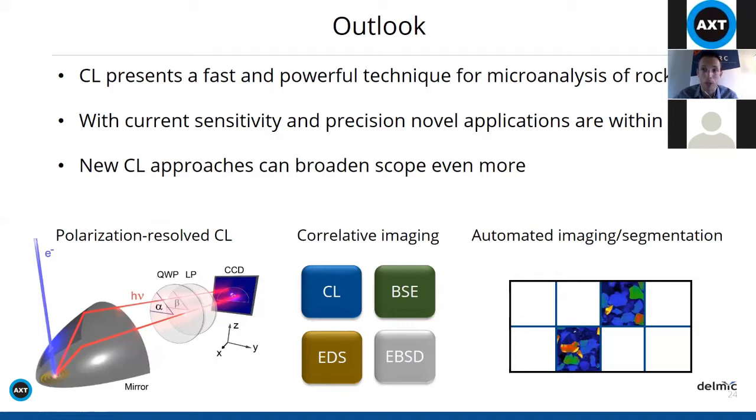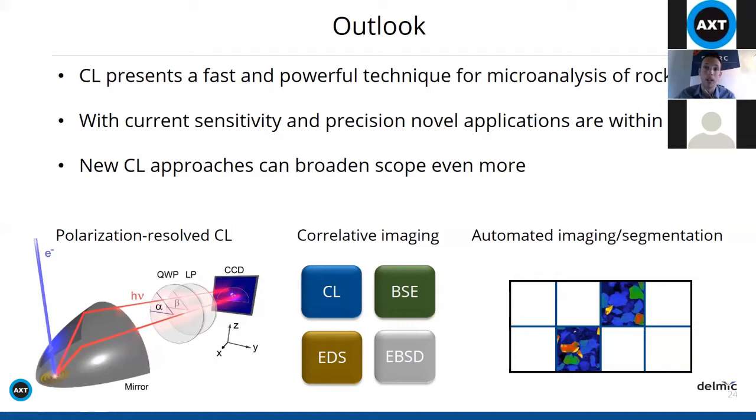And I think with the current sensitivity and precision that we are obtaining with our new CL systems, there are also some novel applications within reach. For example, minerals which are more metal rich, which were normally not bright enough to do cathodoluminescence emission, you could now still get results on.